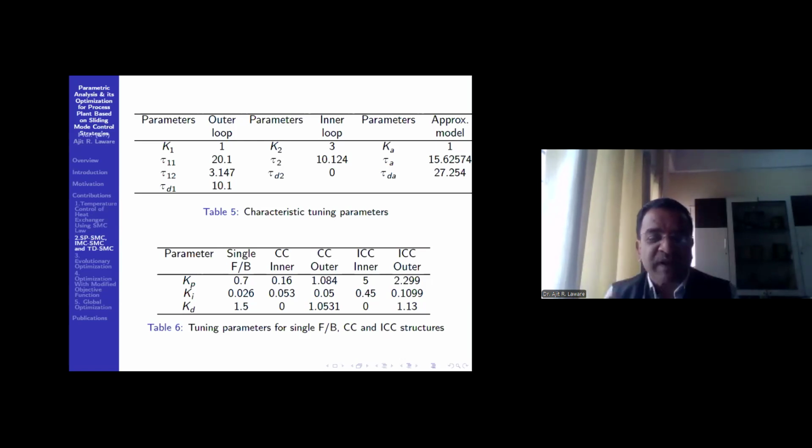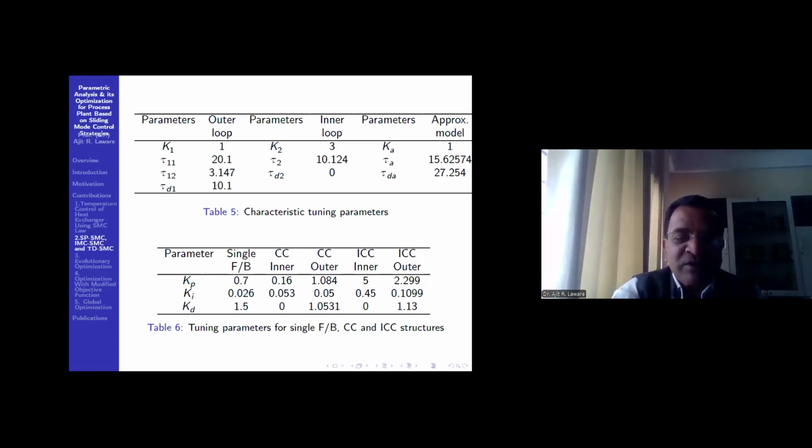Means I am comparing the SMC structure with single feedback, cascade control, and improved cascade control. As for the outer loop, same.